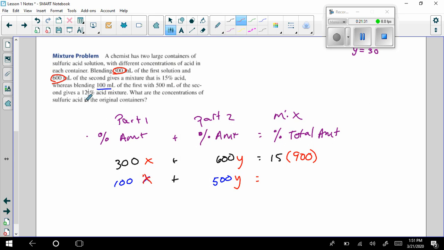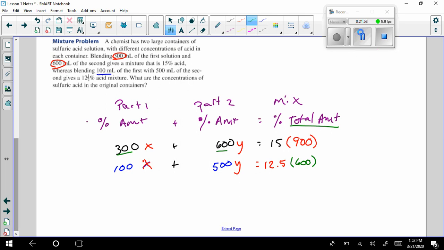Gives you a 12.5% solution. This time we have 600 milliliters total. So total amount, I'm adding these two values together, if you're wondering where I'm getting that. And that's your equation. So you would, again, use substitution or elimination to solve.